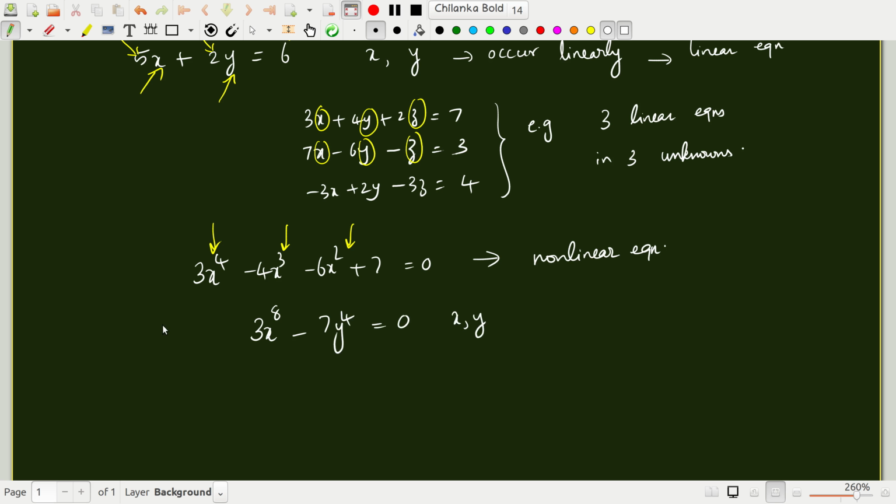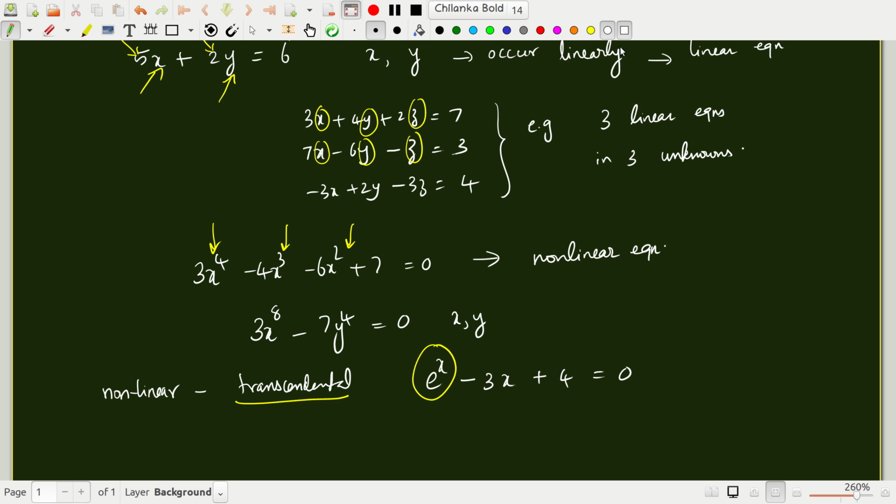There are also other equations which are nonlinear, but they are not polynomial, and they are called transcendental. For example, you might have e to the x minus 3x plus 4 is 0. Here you have e to the x, which is a nonlinear function, but it's not a polynomial function. These are called transcendental functions.